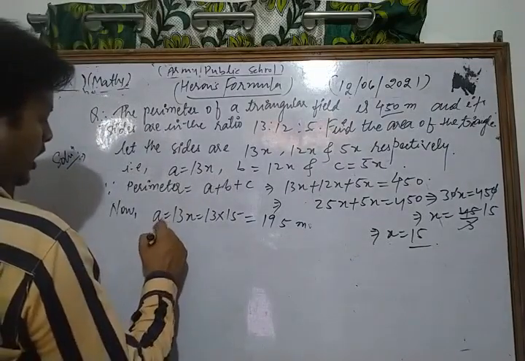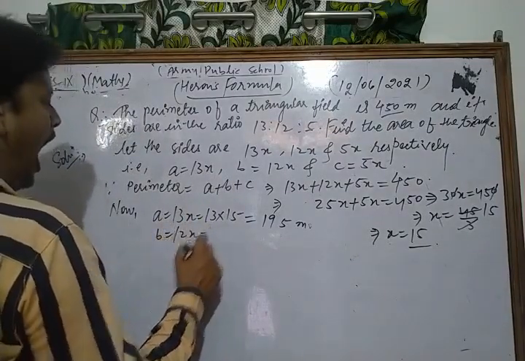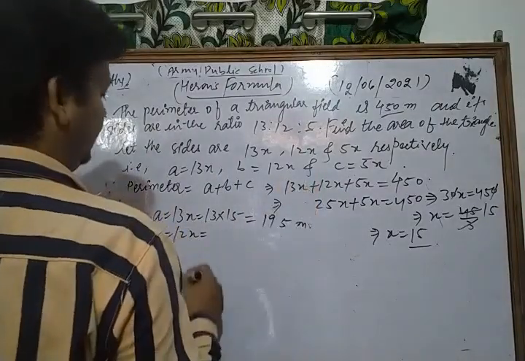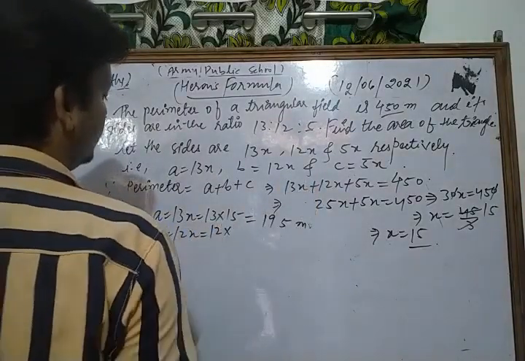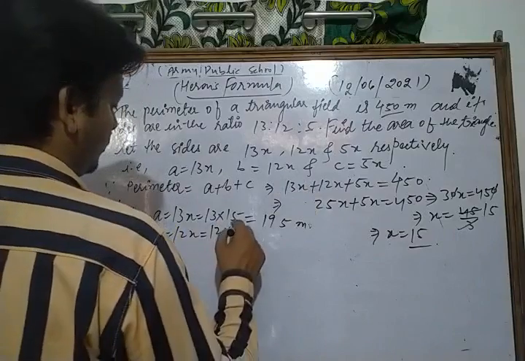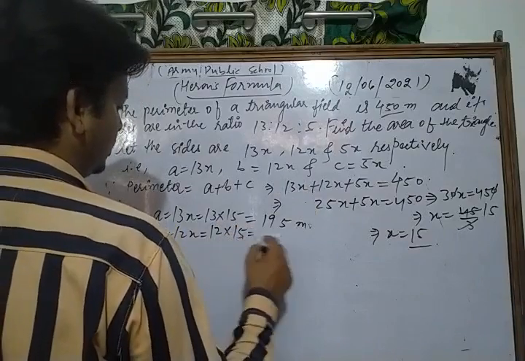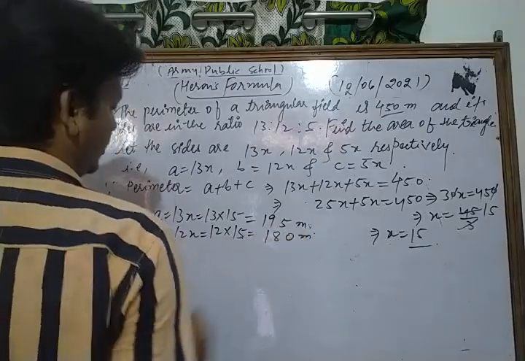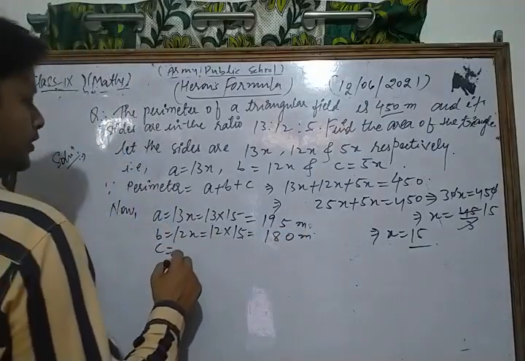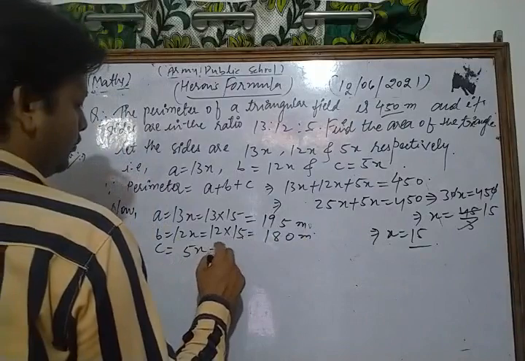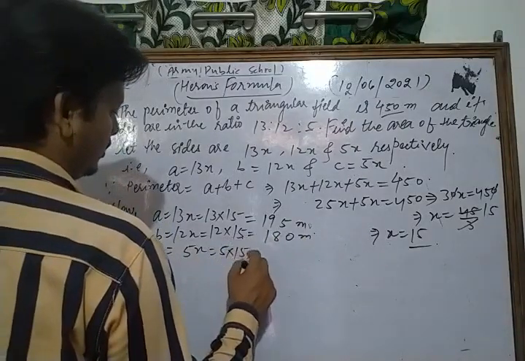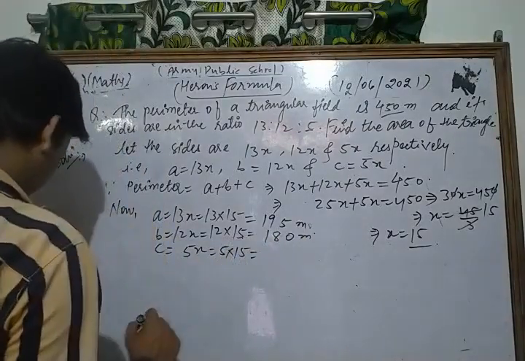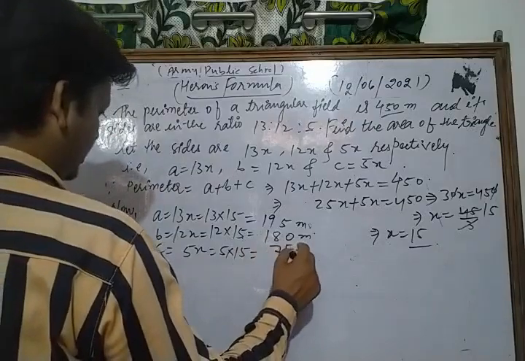Second, b is 12 into x, 12 into 15, that is 180 meter. Okay, and third side c is 5x, so 5 into 15 is 75. This is 75 meter.